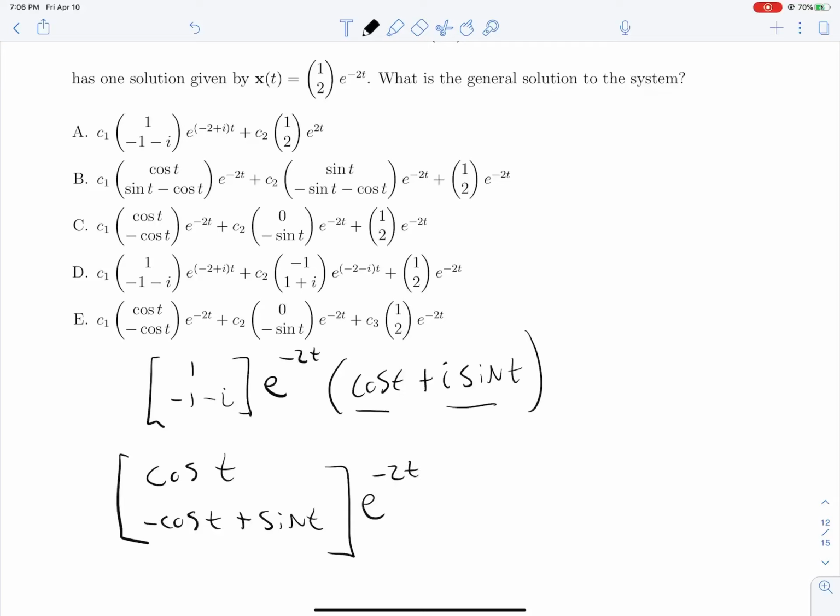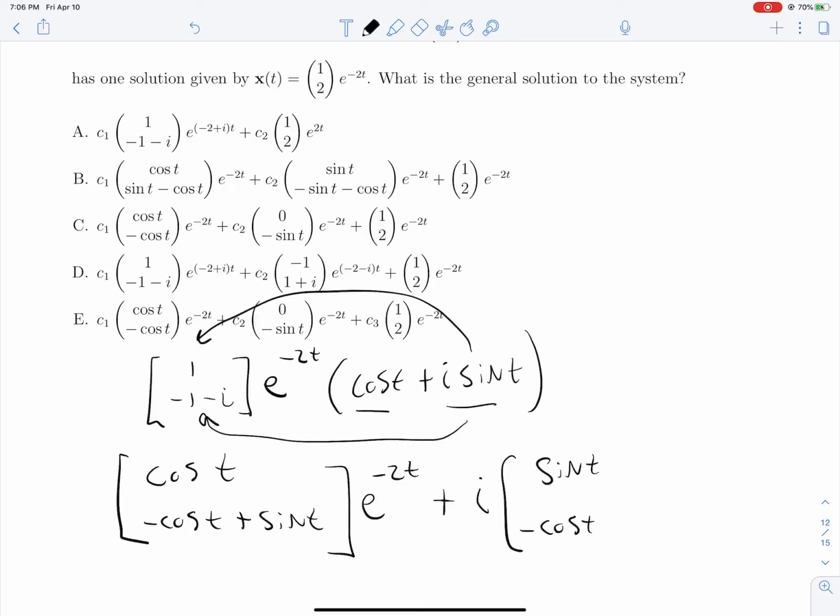And so this is e to the negative 2t, and then we'll need our imaginary vector, which will come from i sine t and minus i cosine t, so minus cosine t and minus i sine t, times e to the negative 2t.